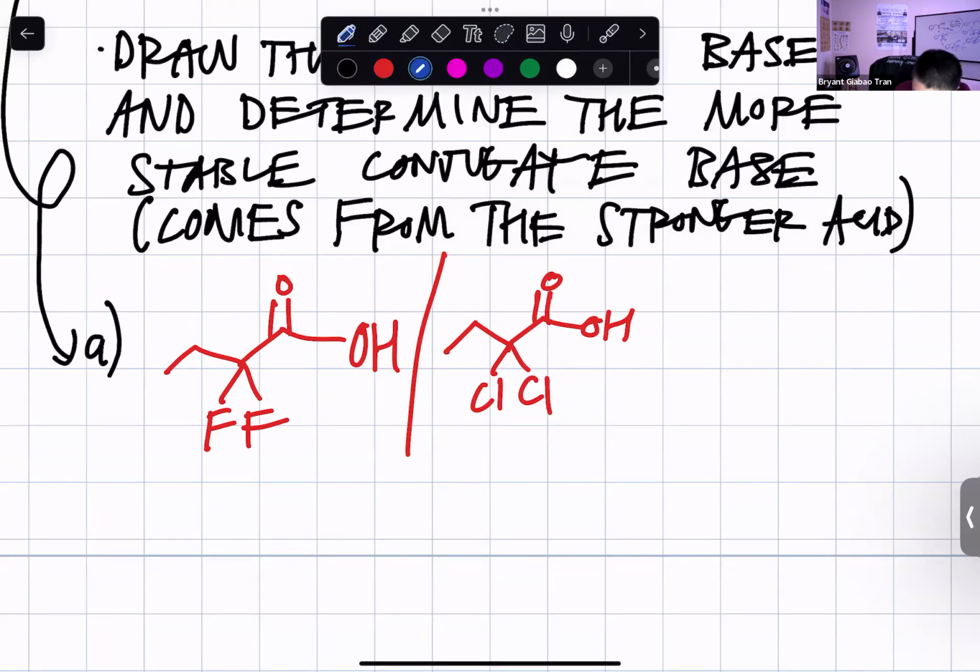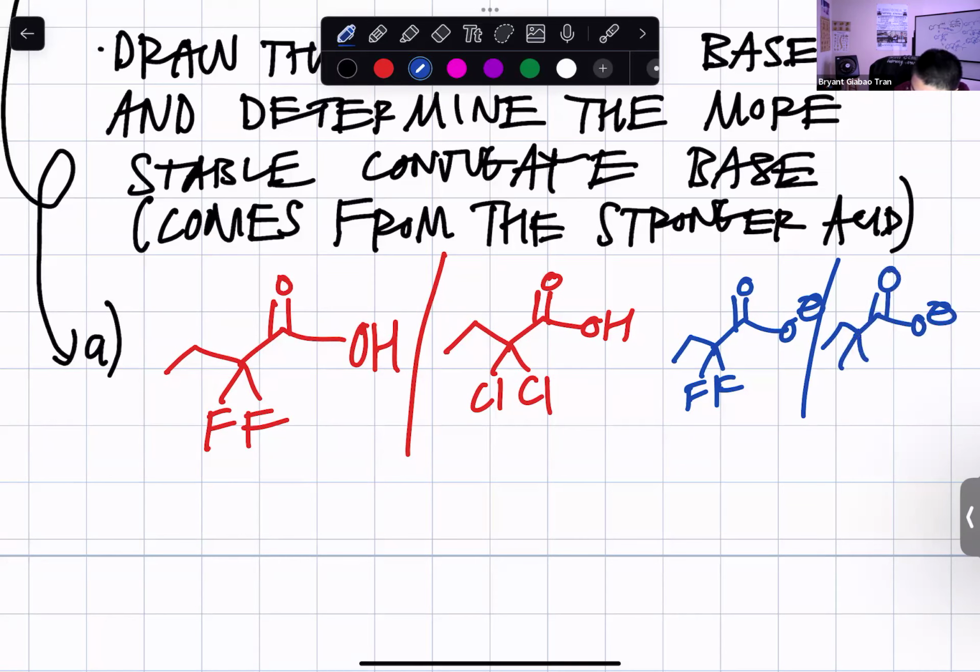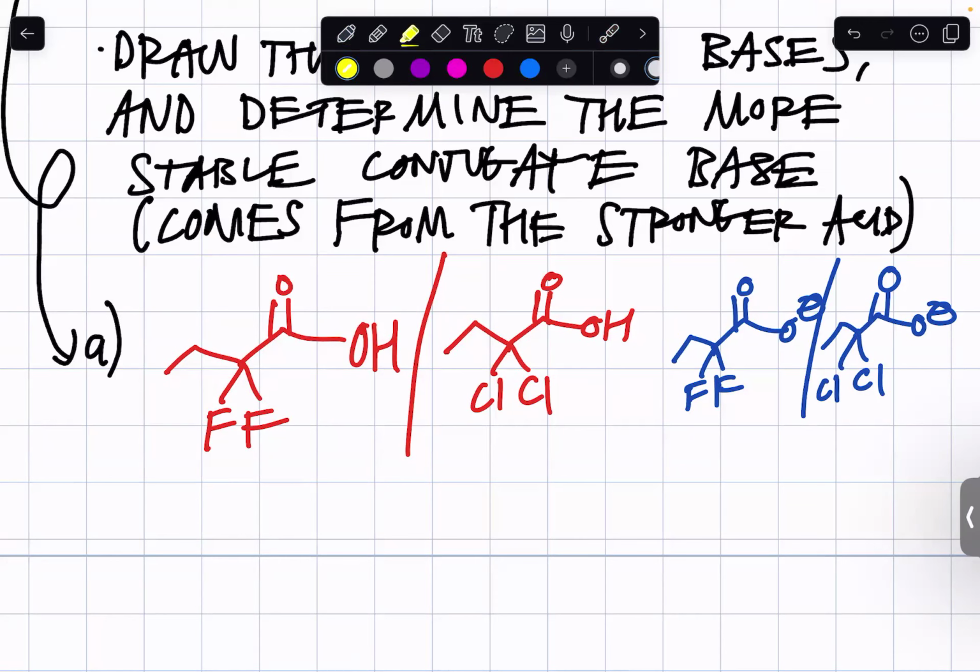Now let's draw in the conjugate bases and determine which conjugate base is going to be more stable. Based on these conjugate bases, which negative charge or which conjugate base do you think is going to be more stable? Wait, let me bring up a periodic table.